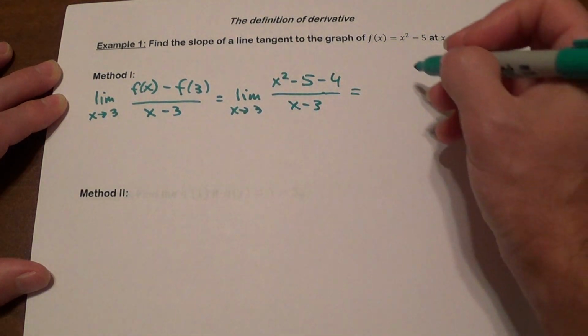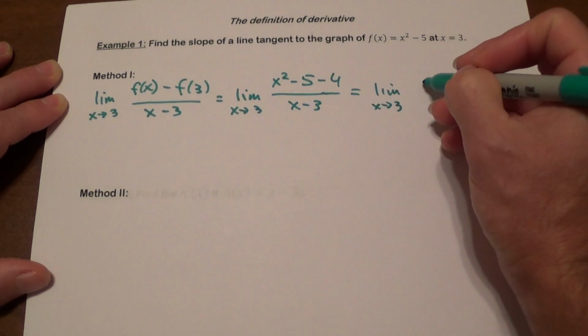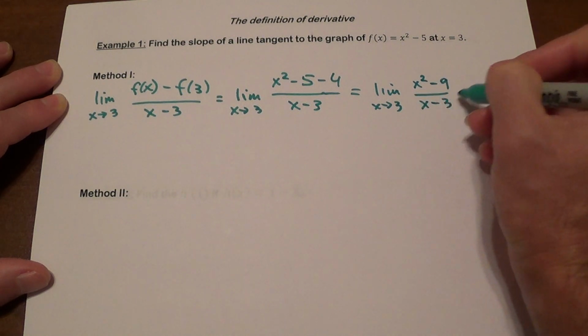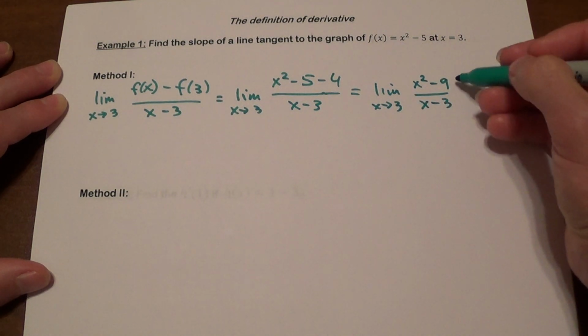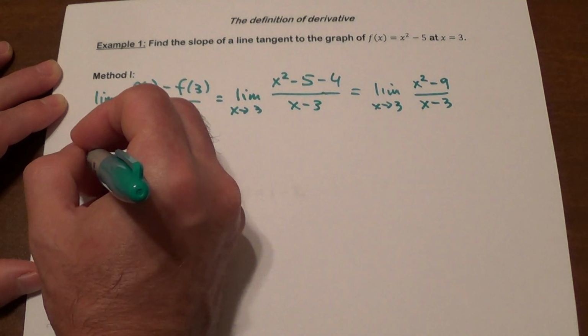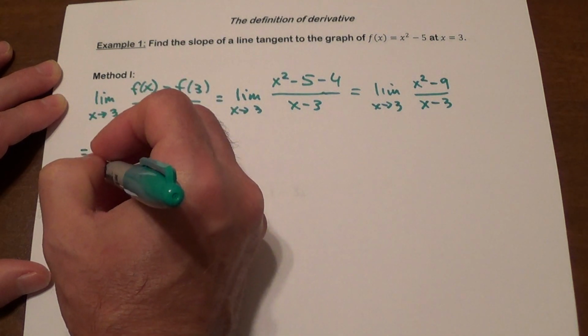Continue with this. So we have the limit as x approaches 3. This is going to be x squared minus 9 divided by x minus 3. This is still 0 divided by 0 if you attempt to substitute that. So we are going to see if we can use one of those methods for finding the limits. You can actually do dividing out.